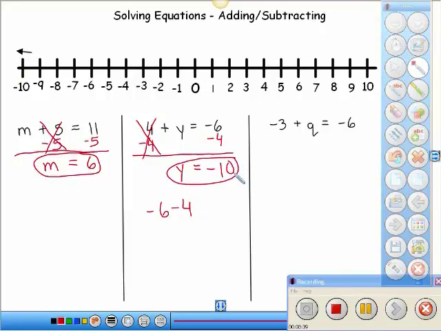And if I plug that in, if I put a negative 10 right in here to check my work, 4 plus negative 10.